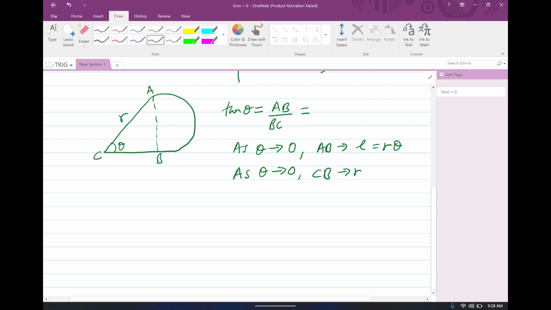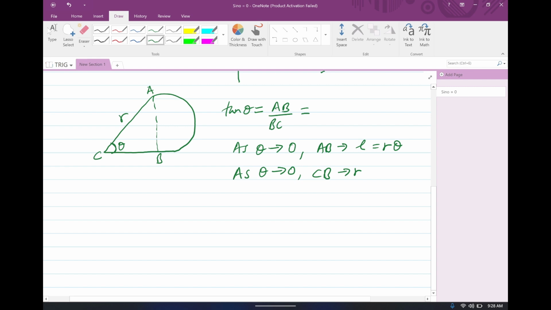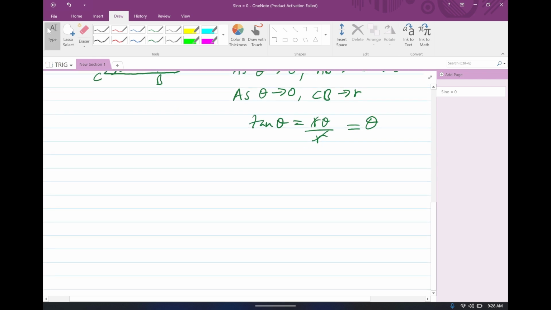So, if this angle is 0 degrees, our distance CA and our distance CB will be equal. So that means our tan theta will be equivalent to our AB when theta is 0, which is going to be the arc length r theta divided by BC when theta is 0, which will be equivalent to our radius. When you cancel them off, you're going to have tan theta tending towards theta.